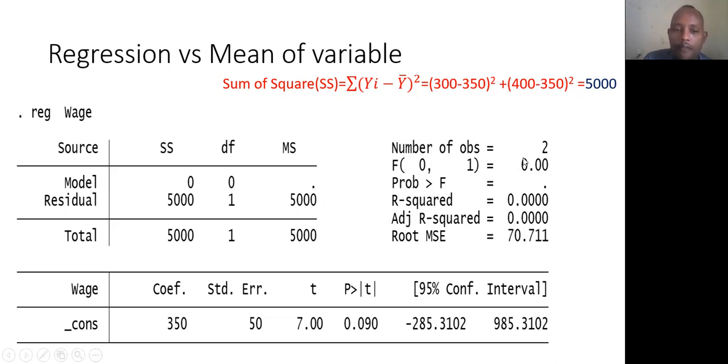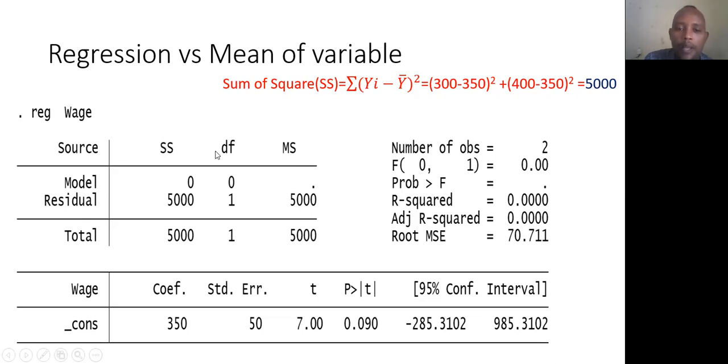And when we divide the model's mean square by the residual's, it gives us the F test. The F test has 0 degrees of freedom from the model, and the degrees of freedom of the residual.